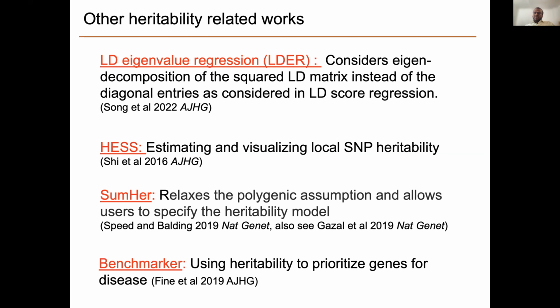Now, for the SumHer method, it had a different recommended model to the LD score regression, but in Steven Gazal's 2019 paper, what he showed was that stratified LD score regression, basically using all the functional annotations, actually performs better than SumHer with the particular annotation categories that they chose.